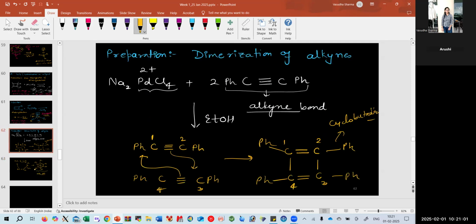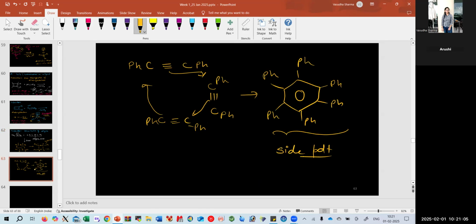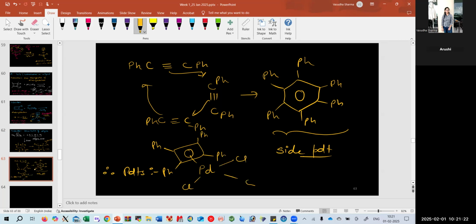The formed cyclobutadiene will react with your palladium, and the product you ultimately get is, the palladium was there, and we know that it would undergo dimerization with the cyclobutadiene ligand. There was Ph, Ph, Ph, and Ph, and one Cl here, while the other Cls would go into bridging and form the same thing with the other palladium, right?